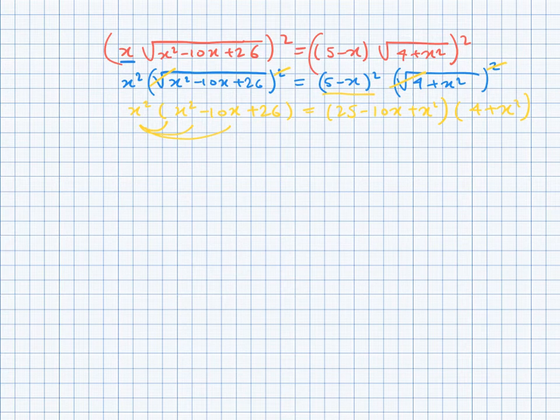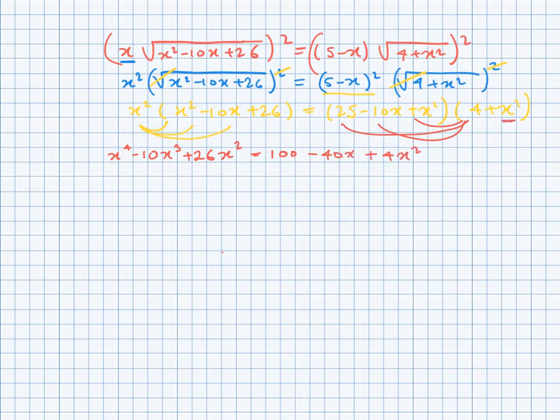So that would give us x to the power of 4 take away 10x to the power of 3 plus 26x to the power of 2 equal to, so 25 times 4, 4 times this, and yep, so it's going to give us 100 take away 40x plus 4x to the power of 2.